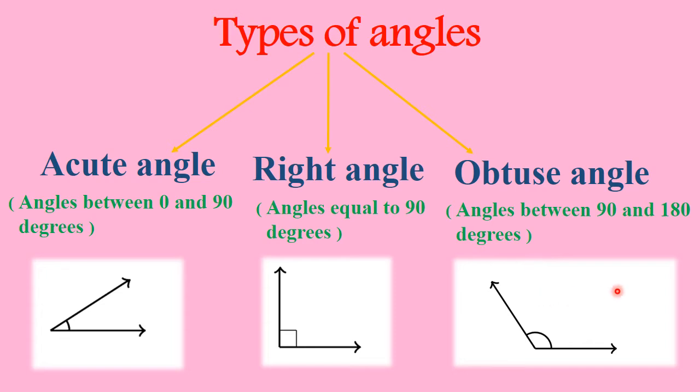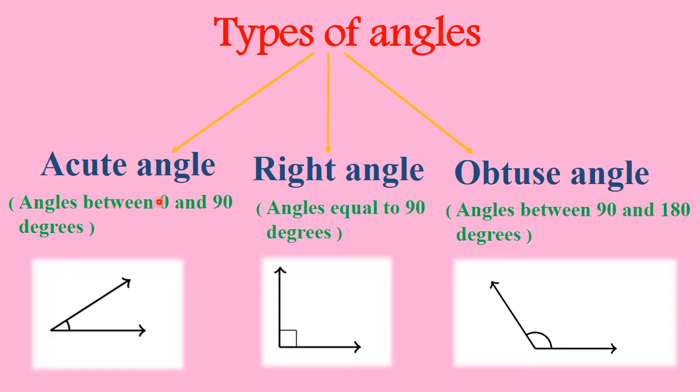If the size of an angle is in between 90 degrees and 180 degrees, that type of angle is known as an obtuse angle. This is an example for an obtuse angle, right? That means the size of the angle should be greater than 90 degrees and less than 180 degrees.